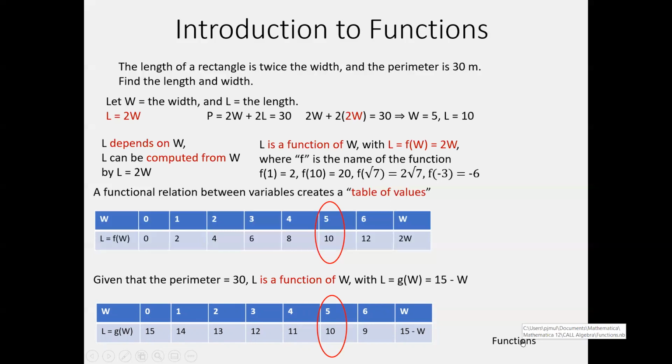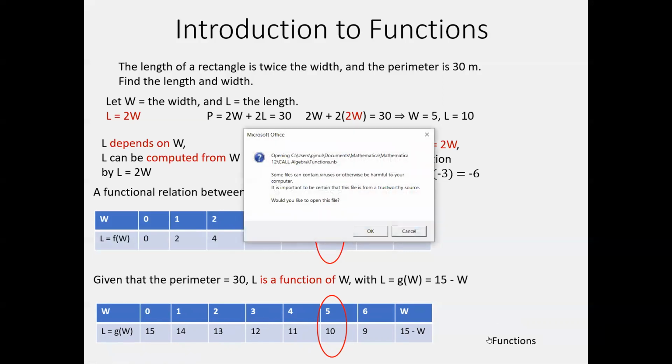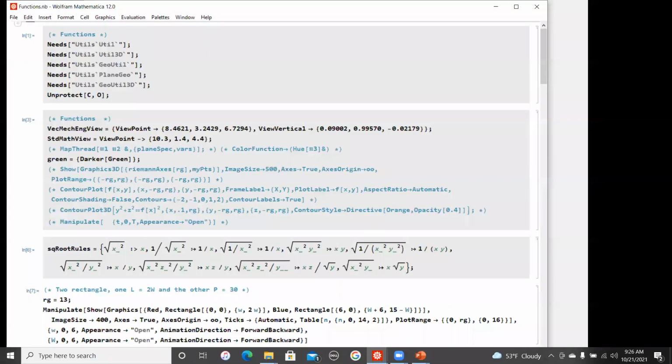This table of values, guys, is a very tiny percentage of all the rectangles in which the length is twice the width. This is a very tiny subset. This is just a sampling of all the different kinds of rectangles in which the perimeter is 30. Let me show you what I mean.